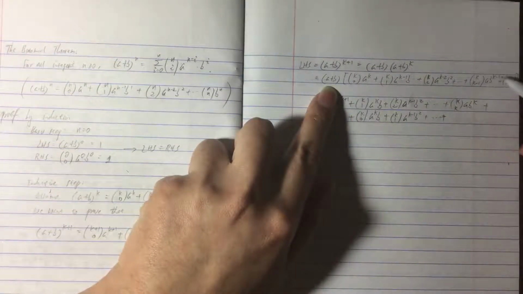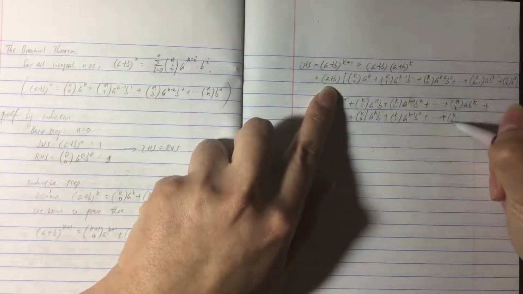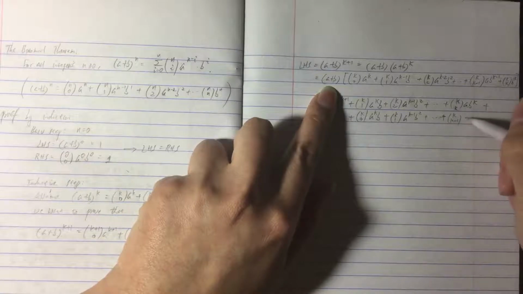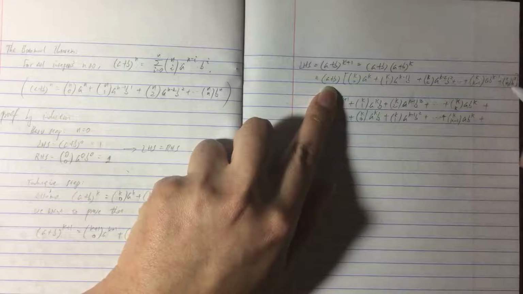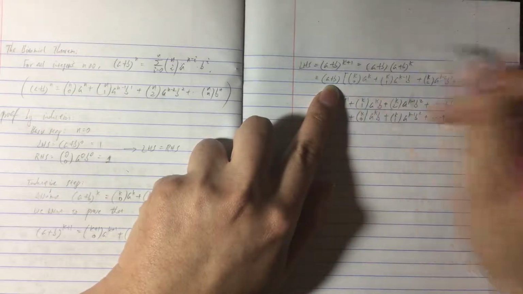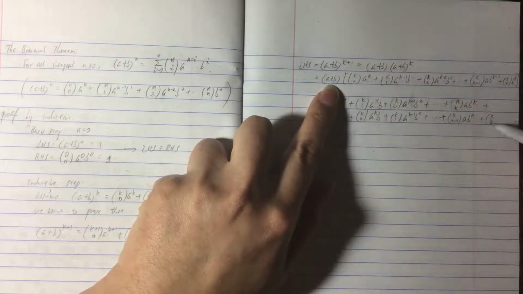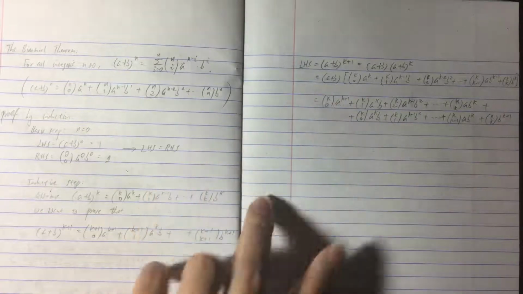For the second last term, if I multiply b here, I have k choose k minus 1 a times b to the power k. For the last term, if I distribute b to the last term, it will be k choose k times b to the power of k plus 1.